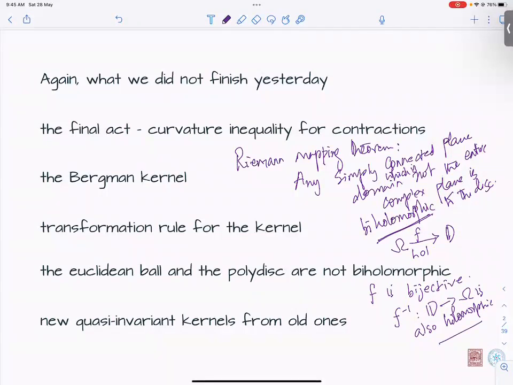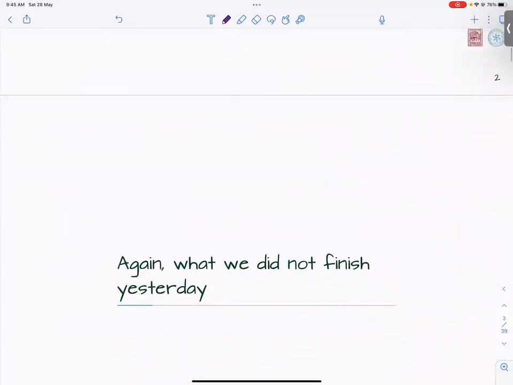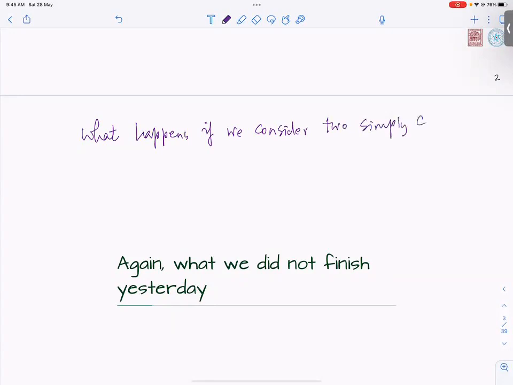Now, in view of this, one might wonder what happens if we consider two simply connected domains omega 1, omega 2 in C2.